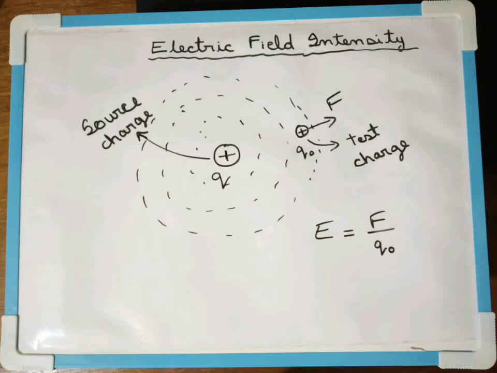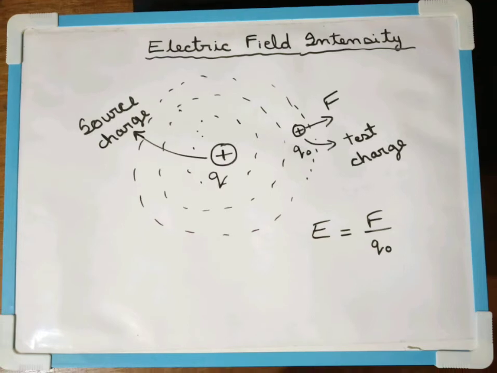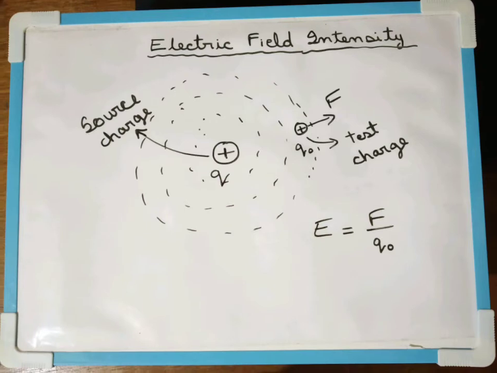And while defining this electric field intensity, the test charge has to be very small so that it will not disturb the electric field produced by the source charge. So the mathematical expression for this one here, we have E is equal to F divided by Q naught, which is the test charge. F is the force experienced by the test charge, Q naught.